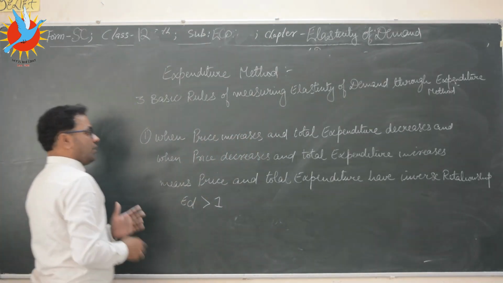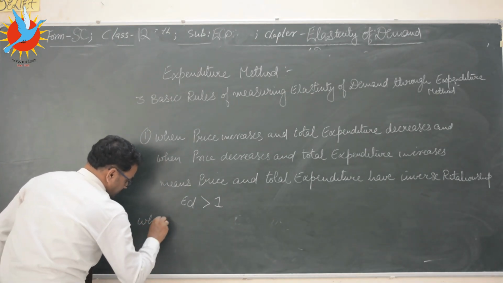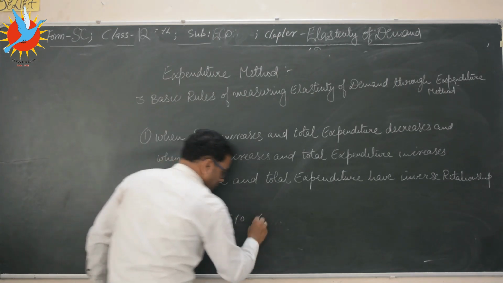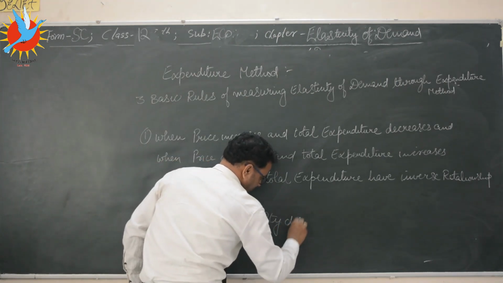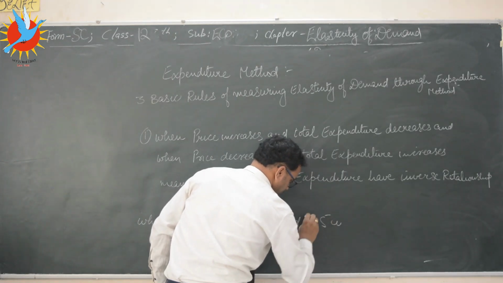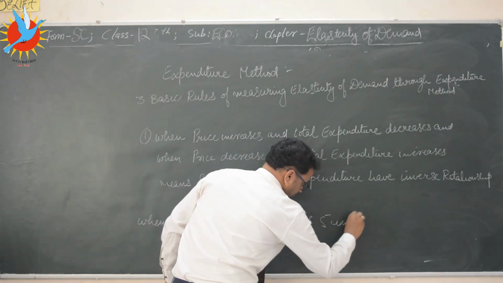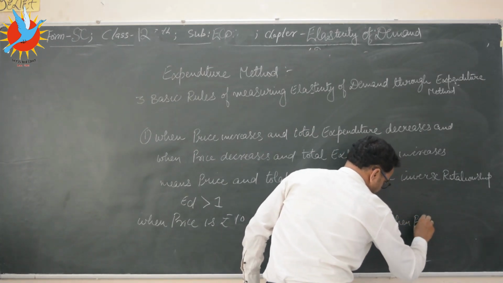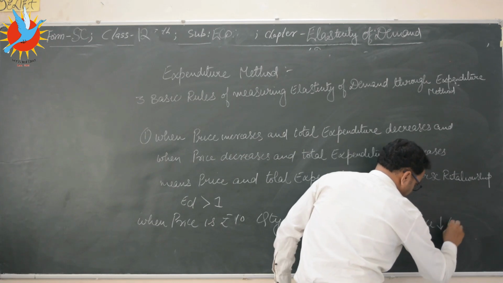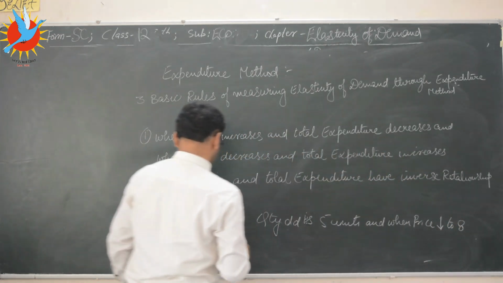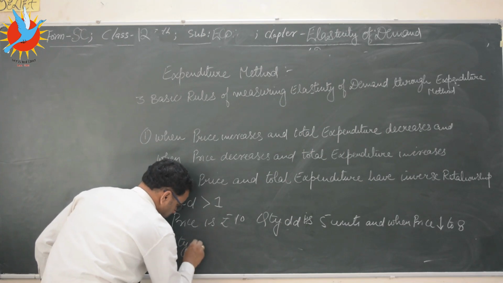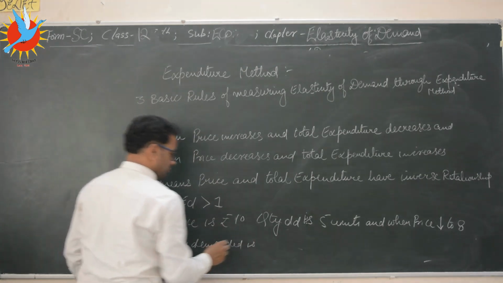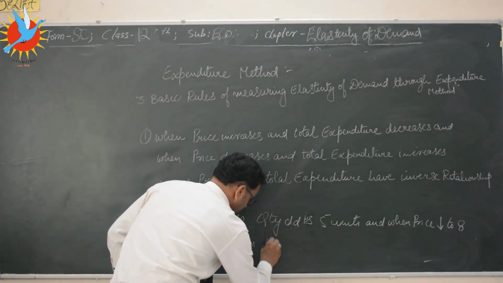For example, when price is ₹10, quantity demanded is 5 units, and when price decreases to 8, quantity demanded is 15 units.